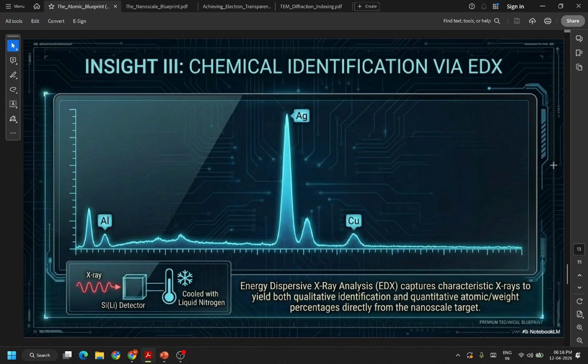Then we can do chemical identification using EDX. Energy dispersive X-ray analysis captures characteristic X-rays to yield both qualitative identification and quantitative atomic weight percentages directly from the nanoscale target.